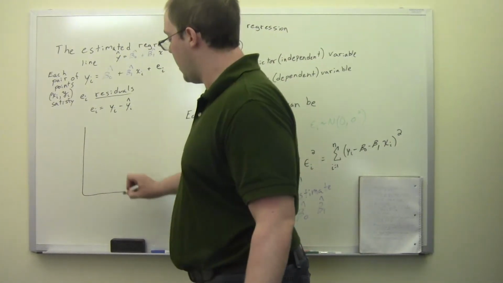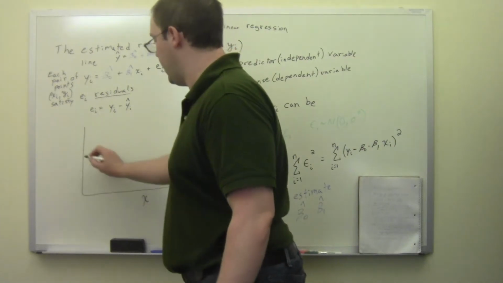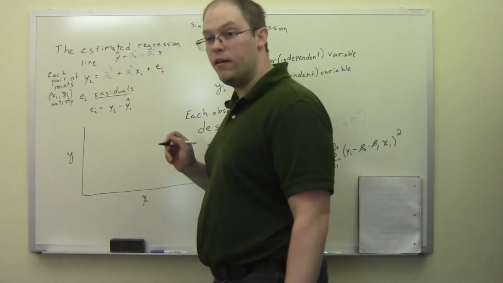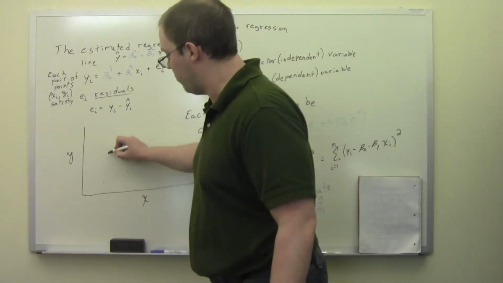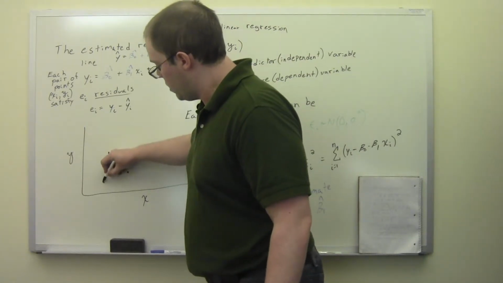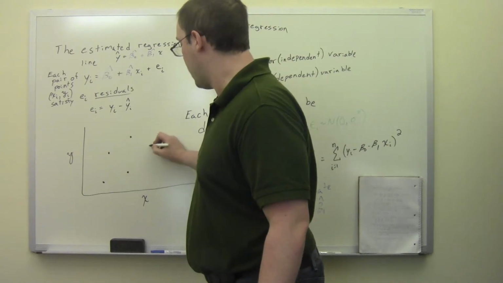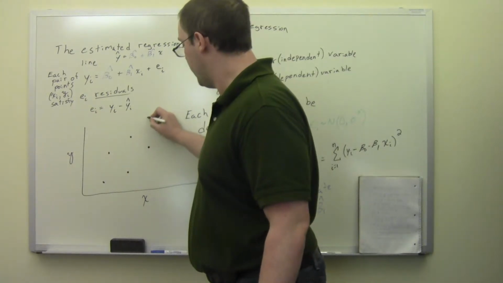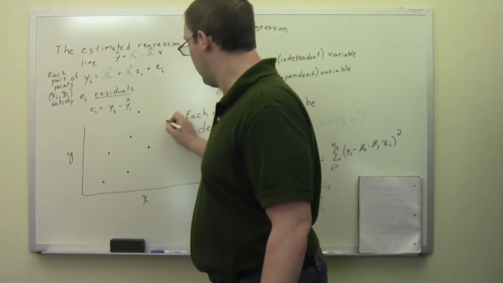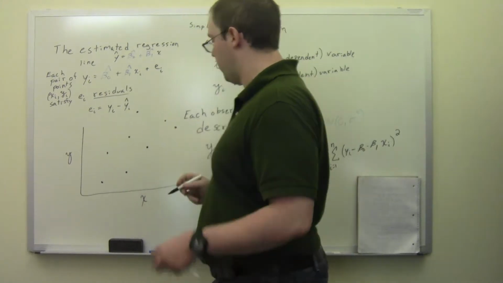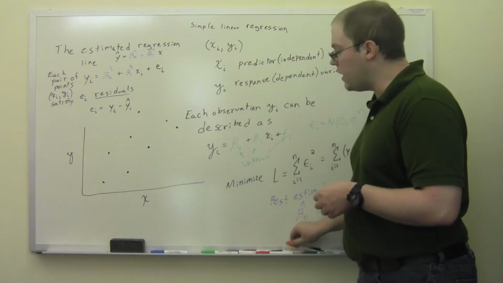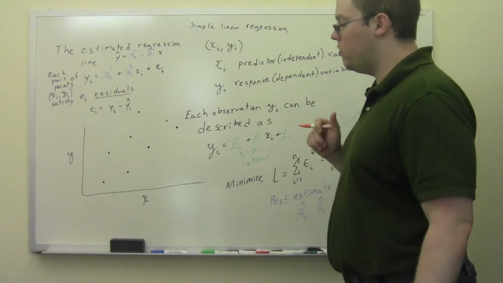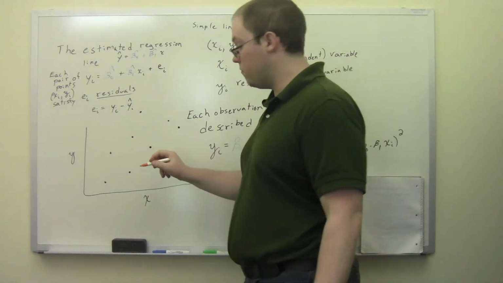So let's say I have my x and my y, and in my data I should make these points a little bit bigger. In my data I have all of these different data points, and I observe the x and the y for each. I'm interested in fitting the best line through this data.